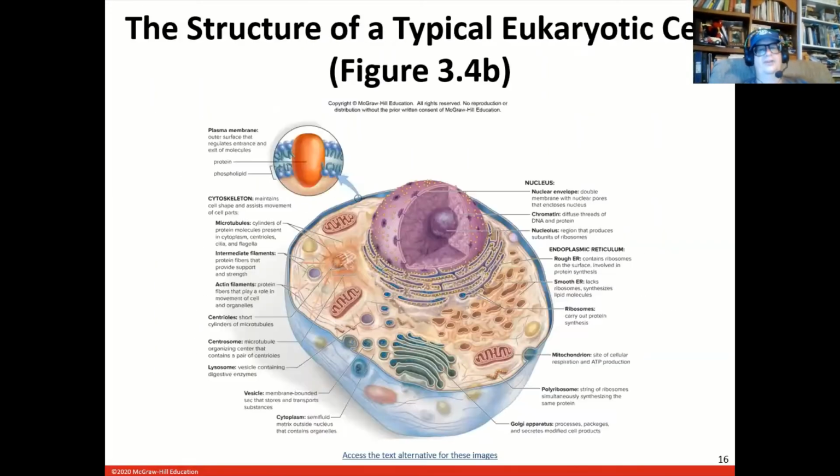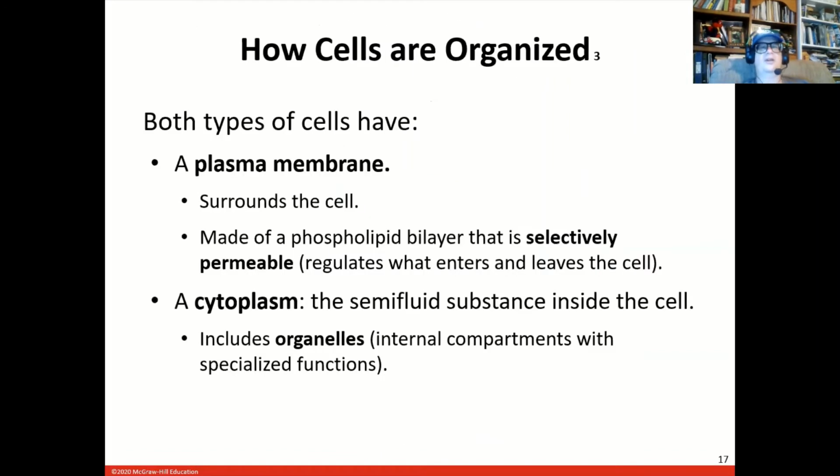And all those things that we were talking about there, the centrosome and the lysosome and the mitochondria, those are all membrane-bound organelles. Some people argue about whether or not they want to call a ribosome an organelle.